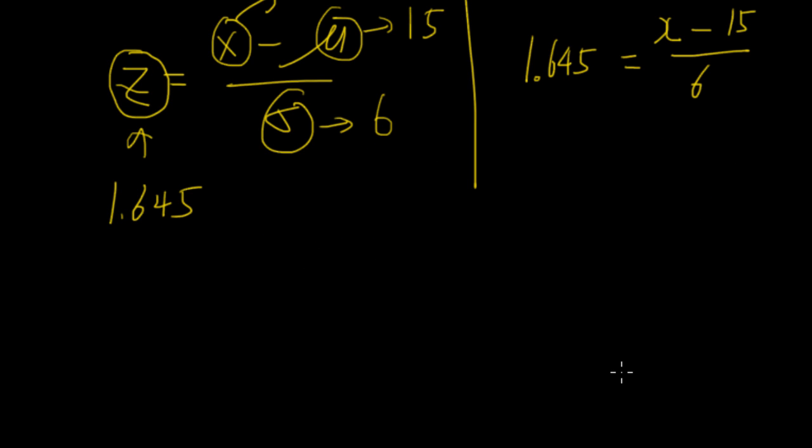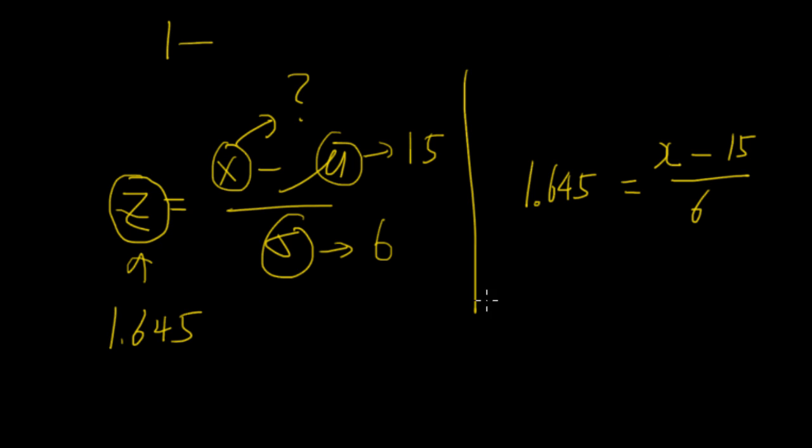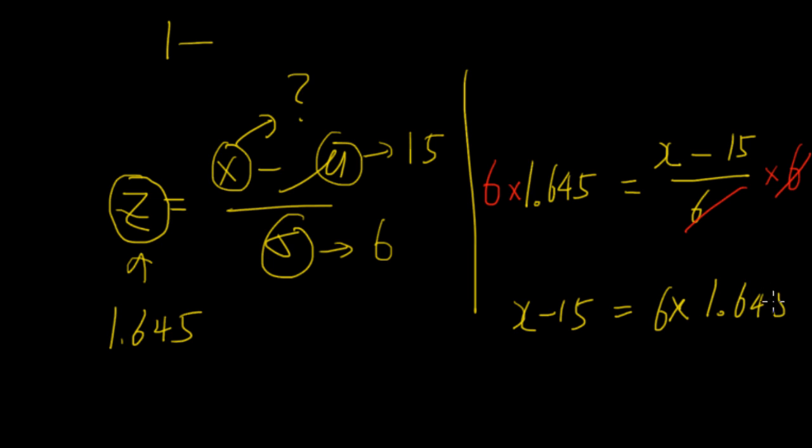I guess we can do this, right? You multiply 6 on both sides, so this 6 and this 6 cancel out. If I switch the left and right side, then x minus 15 would be 6 times 1.645.